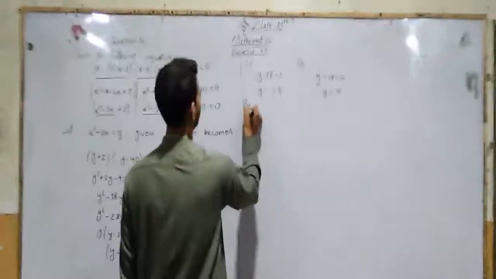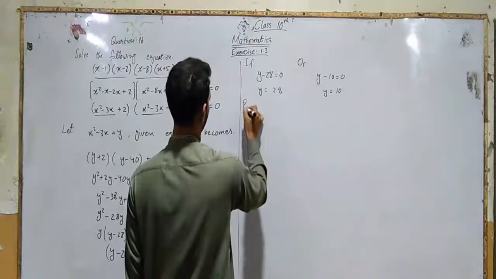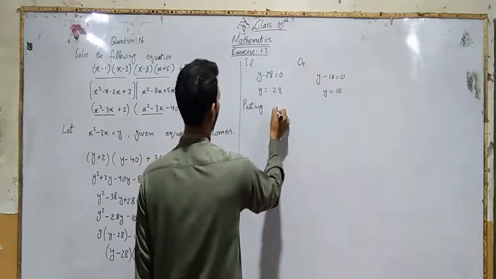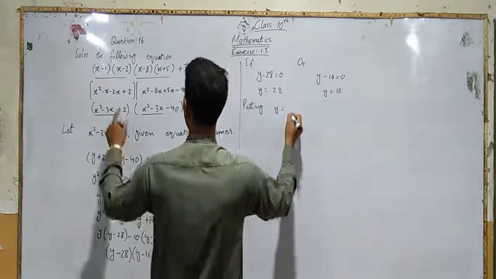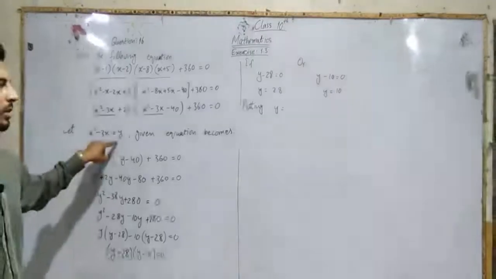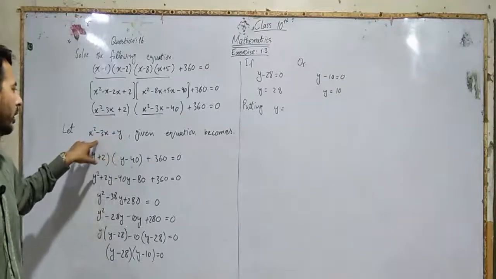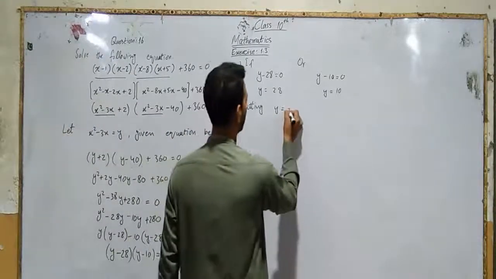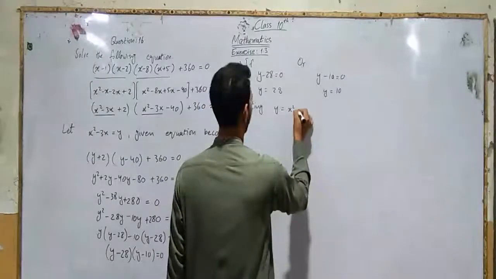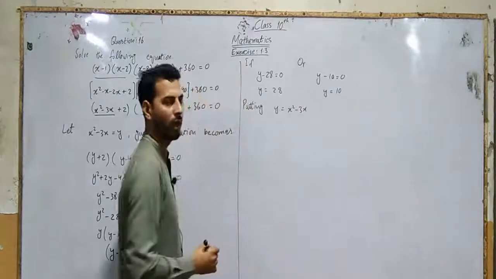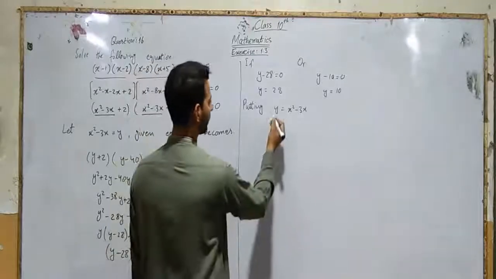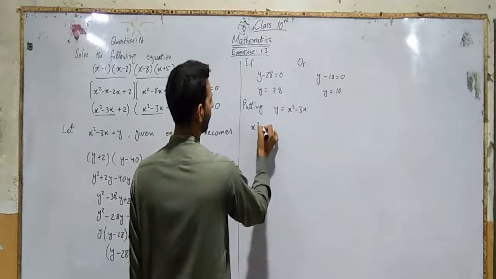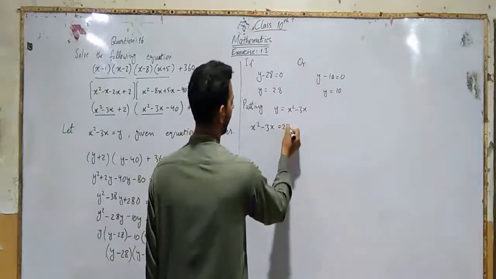Now we will put the value of y there because we let this first. So y equals to x squared minus 3x. We will put in these two values. So x squared minus 3x equals to 28.